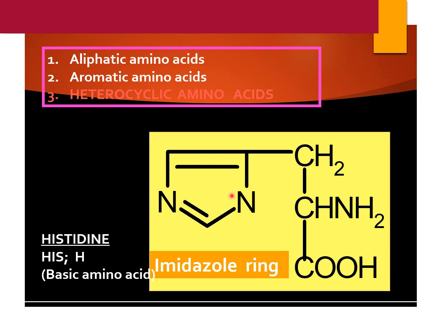Because of delocalization of the four electrons of the pi ring and the two electrons of the lone pair, all of them total 6 electrons in conjugation. So this is the imidazole ring. Via CH2 it is linked. This is the structure of histidine.